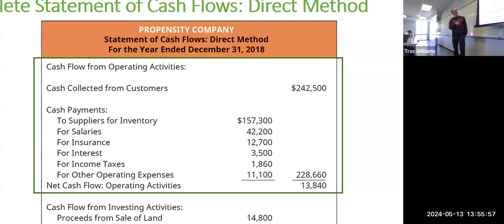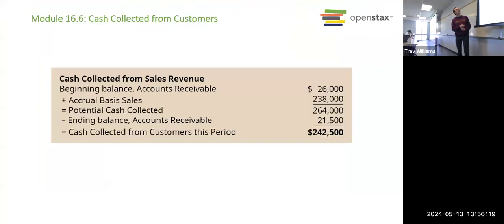How do you know how much cash you got from your customer? Your computer system that the company uses for accounting might just tell you. Well, let's say you wanted to check it, make sure it's calculating correctly. How would you know? Well, that's where the formulas come in.